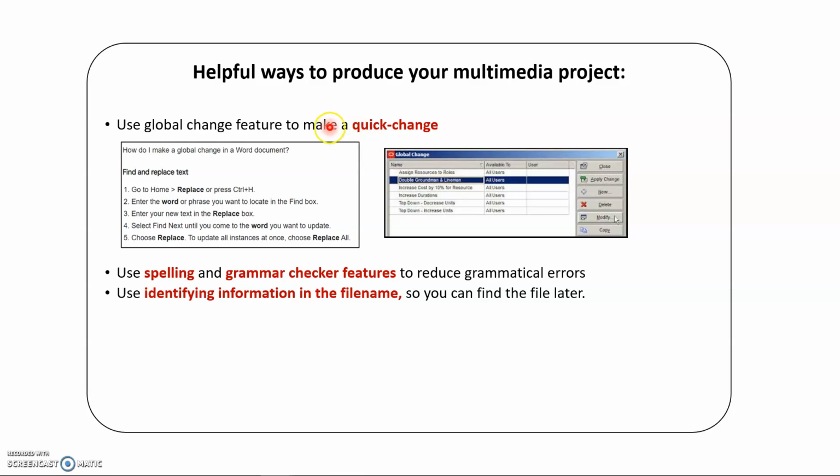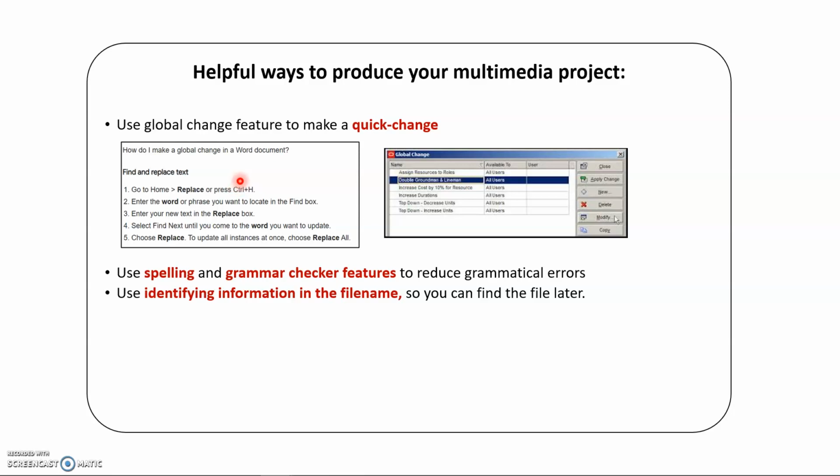Another way that you can use is a global change feature. The global change feature can be used to make a quick change or replacement. For example, in Microsoft Word or PowerPoint, there are settings that you can use.